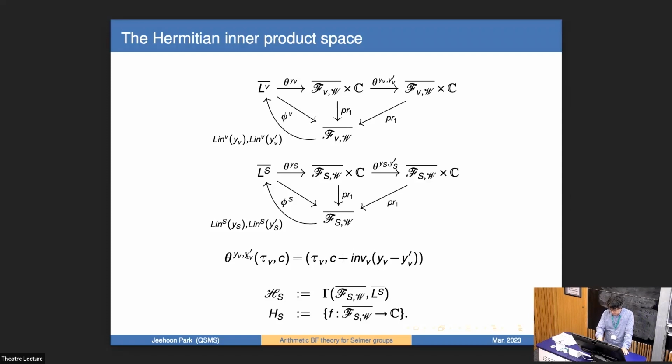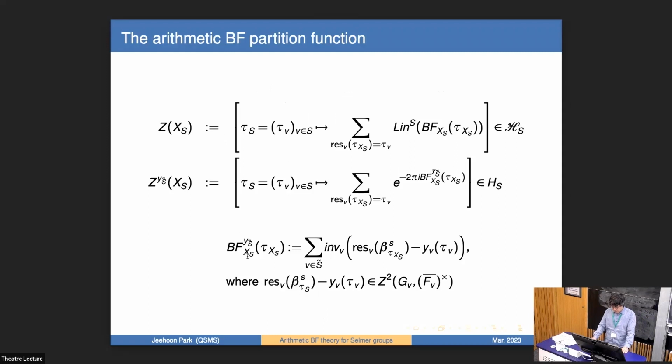We can think about partition functions in HS. Here's a definition; this is just the usual definition. Z X S will be the sum of all the arithmetic BF functionals with the boundary condition tau v. So tau v is a local thing, and then you look at the global thing whose boundary conditions are given by tau v, right? Then you take the sum.